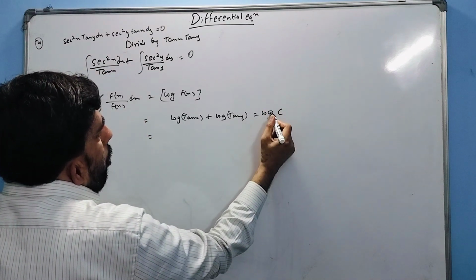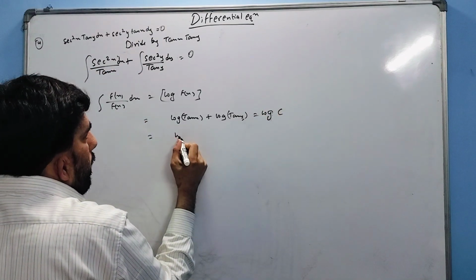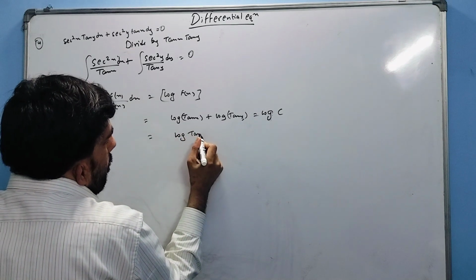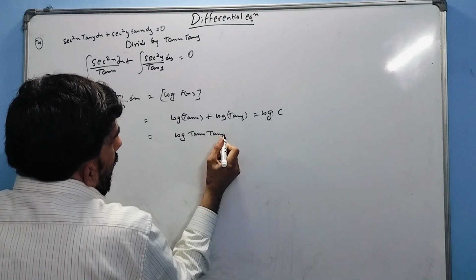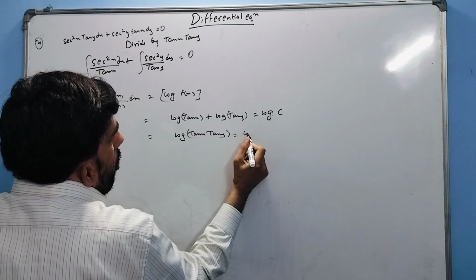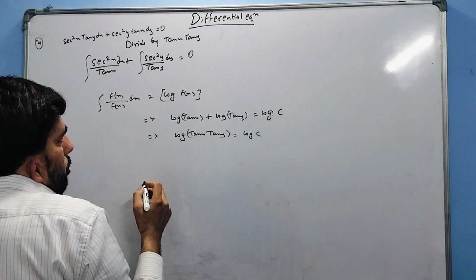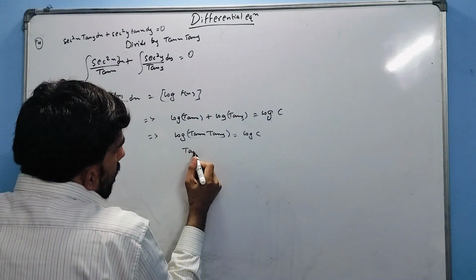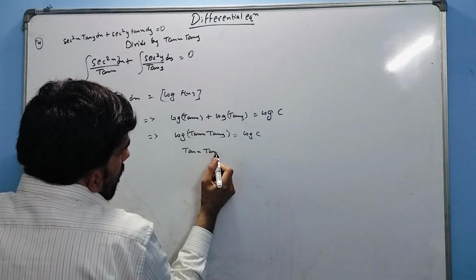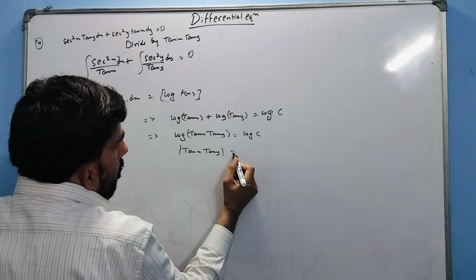So we'll take log on both sides now, so that I can write like this, log of tan x tan y is equal to log of c. So I got here tan x tan y is equal to c.